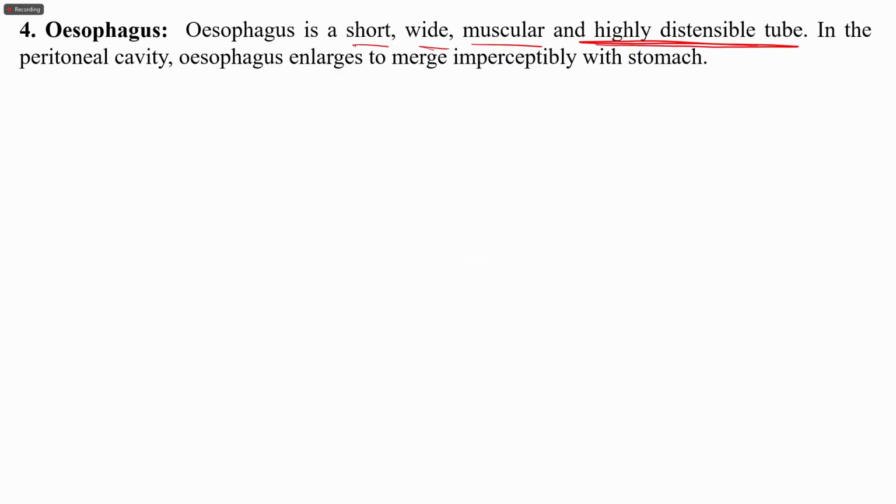The food passes through this tube, and it allows the movement of food from the mouth to the stomach. We can say that it provides the passage to the food from the mouth to the stomach.